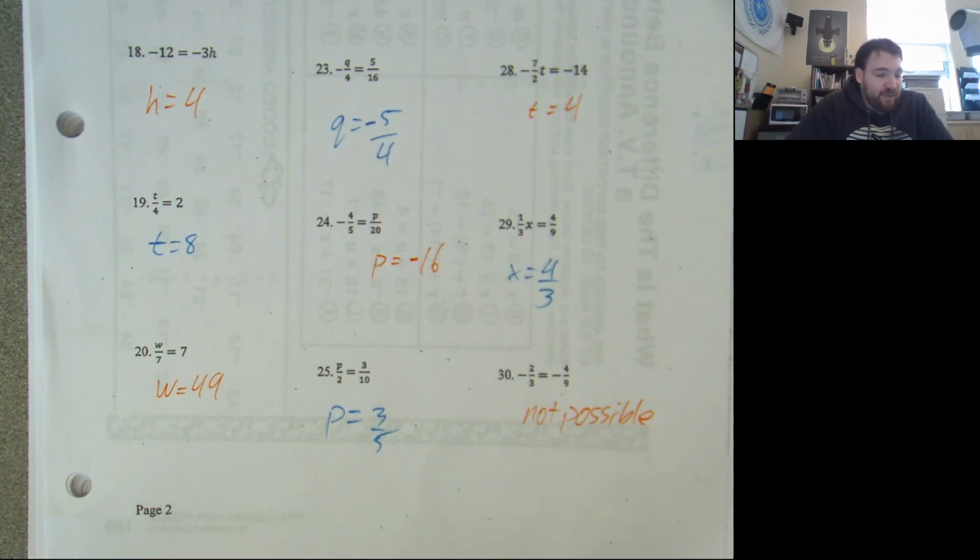I only assigned 1 to 29 because 30 doesn't have a variable in it. Not possible. There's nothing to solve. It's also not true. So nobody. Which means everyone got it exactly perfectly.